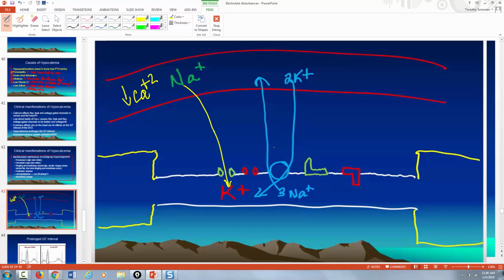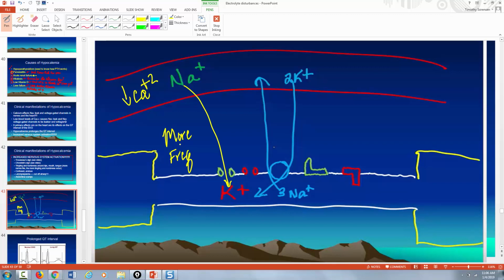So if more sodium leaks into that nerve because there's low levels of calcium, then that's going to cause the nerve to fire more frequently. And if the calcium level gets low enough, the nerve will continually fire.